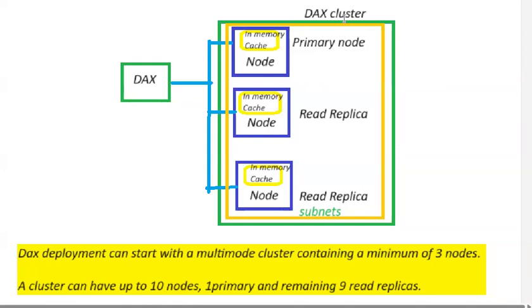Finally, you have the security group. DAX automatically creates and manages the security group for the nodes within your cluster. These security groups control inbound and outbound traffic to and from the nodes, ensuring secure communication with your VPC. Finally, we have encryption. It is optional.